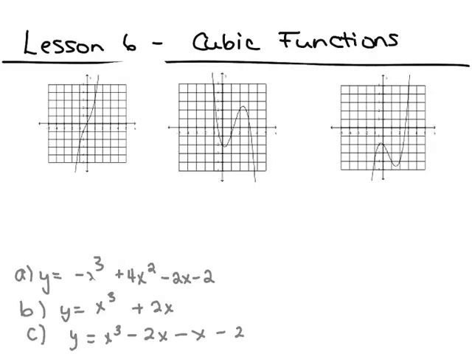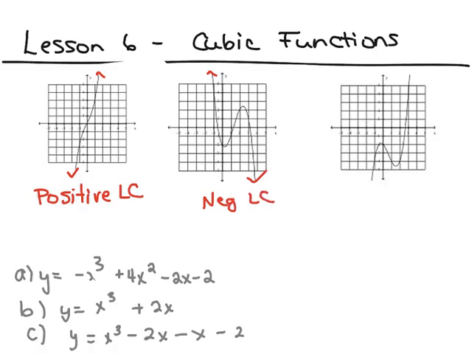Okay, when you're matching a graph to a function, there's 2 important things you want to look at. So the first is the leading coefficient. For this one, because it ends in here and goes upwards, we have a positive leading coefficient. For this one, because it starts up and then ends down, we have a negative leading coefficient.